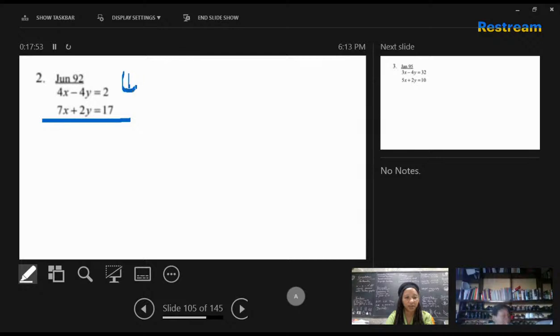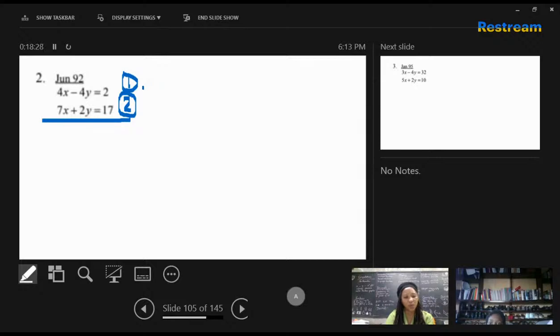Alright, so these are yours, Asar. That's equation 1, equation 2. Okay, so I'm going to multiply both of those equations by 2y.